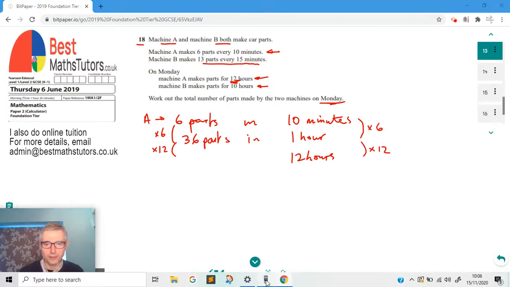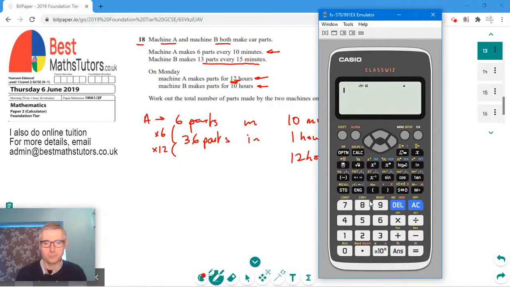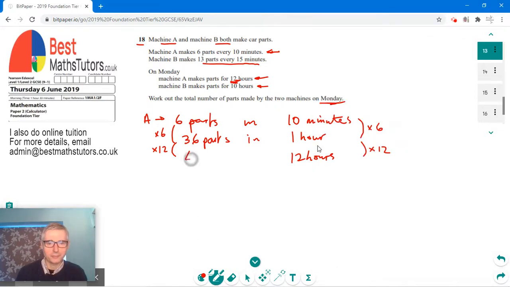Since we're on the calculator paper, I might as well do that on here. 12 times 36 is 432 parts from machine A in the 12 hours. And we're now going to look at machine B.